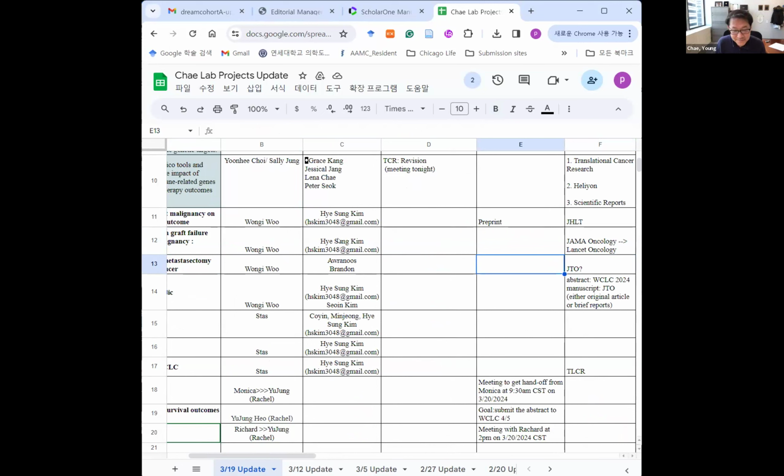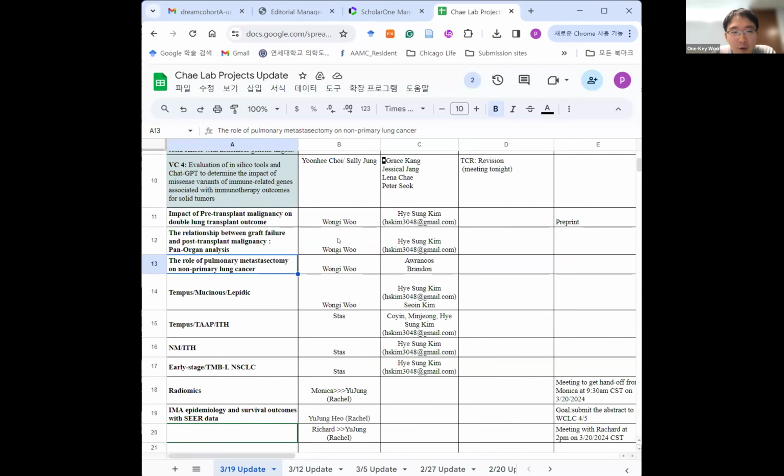So I think the Annals of Surgical Oncology might be interested in our topic, and so I sent our abstract again to them, and I'm waiting for their response. Whether they give us a response or not, I think we can submit it to the Annals of Surgical Oncology. That would be a good journal. So that is our plan.